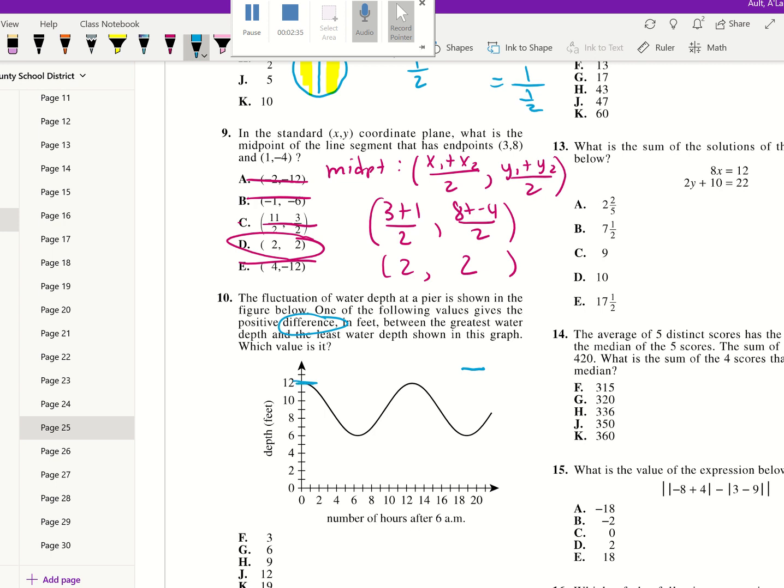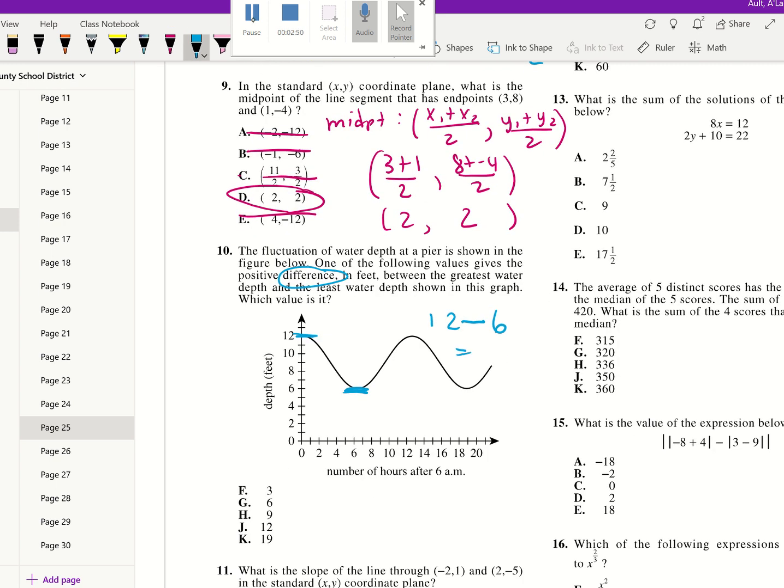Well, the deepest this water ever is 12 feet deep. And the least water depth. Well, the smallest amount of water depth that we ever have is right here at 6. 12 take away 6 is 6. And so the difference between the different depths is option G, which is 6.